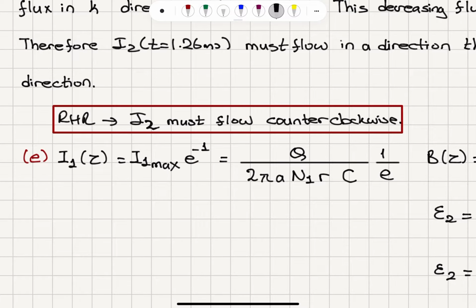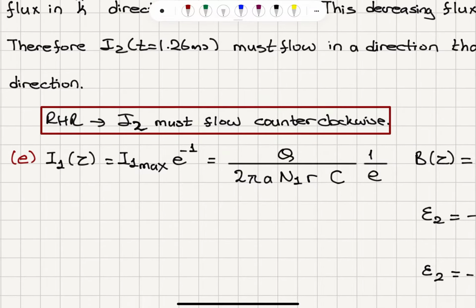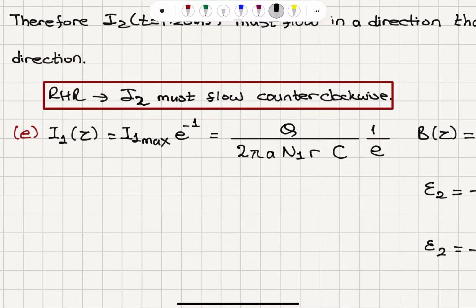All right. So I know what I1 is as a function of time. It's I1 max e to the minus t over tau for a discharging capacitor. So this is going to be di1 dt evaluated at a time constant tau. So that's basically minus I1 max divided by tau, e to the minus t over tau.